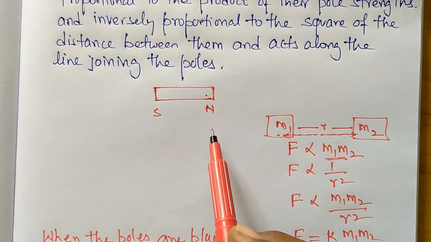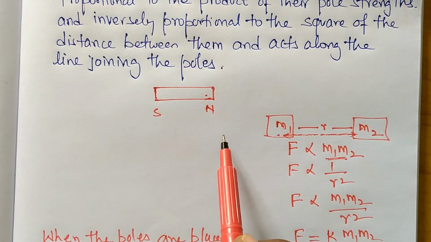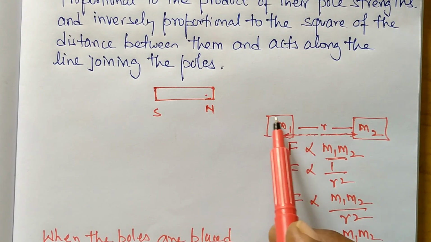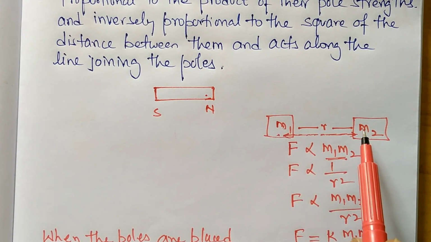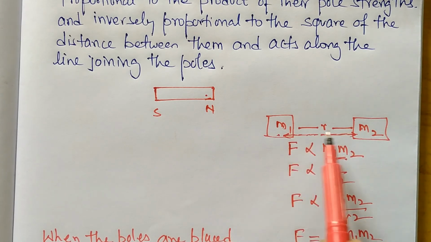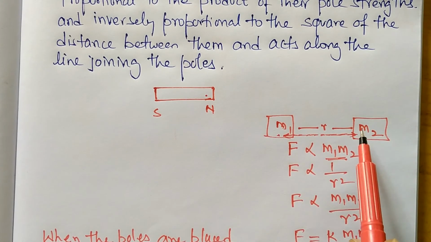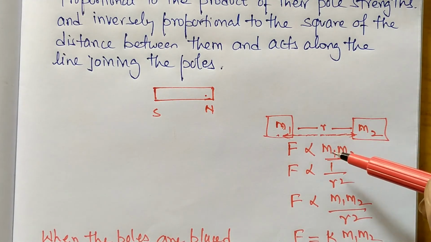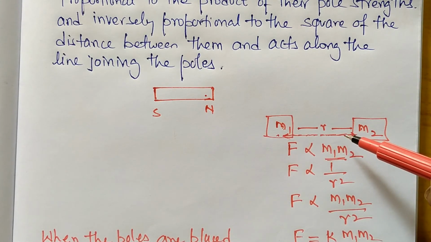In magnets, we read that poles cannot be separated. But to understand Coulomb's inverse square law, we assumed that isolated poles exist in a medium, and we came to a conclusion on the force existing between the poles of a magnet.